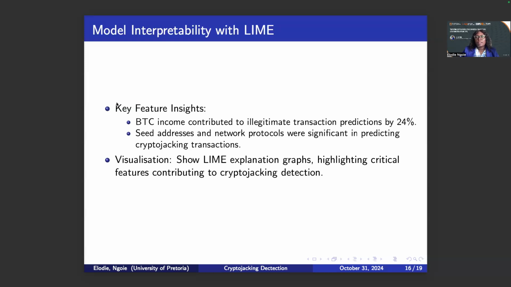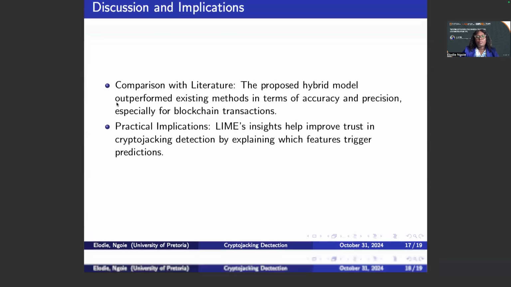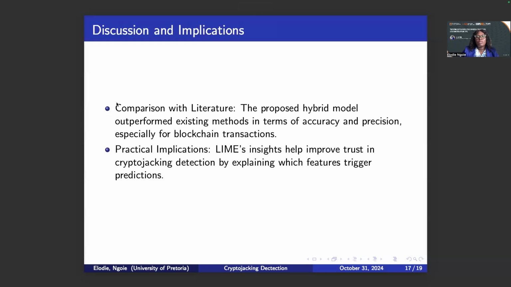Moving on to the next, I think that would be the slide before the last one. I want to now tell the difference between our model and what is in the literature. So our hybrid model not only outperforms existing methods in accuracy and precision, but also enhances model transparency through LIME.